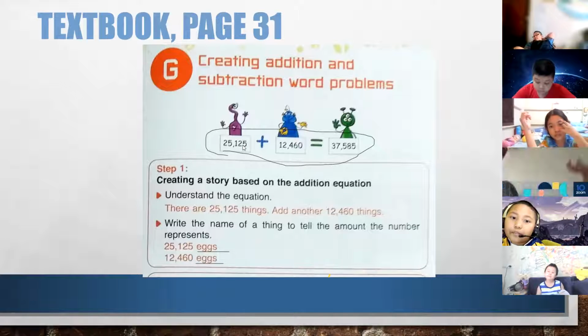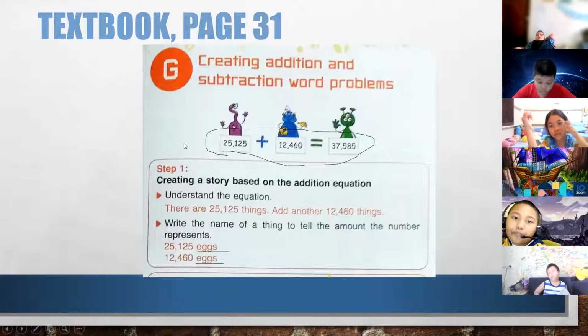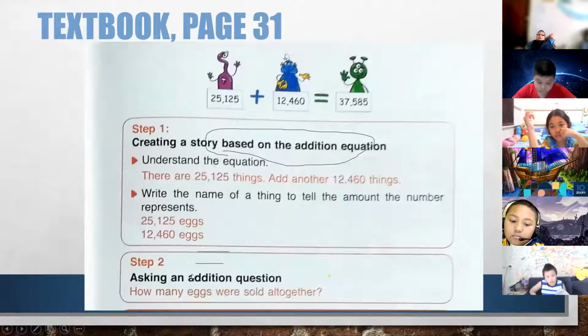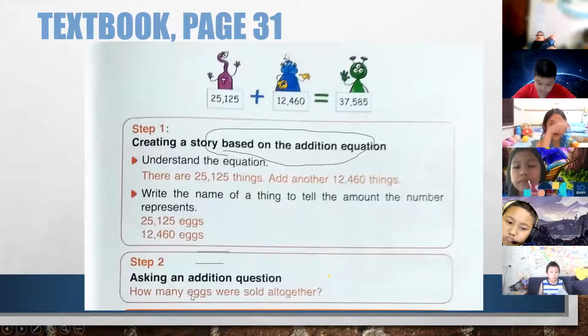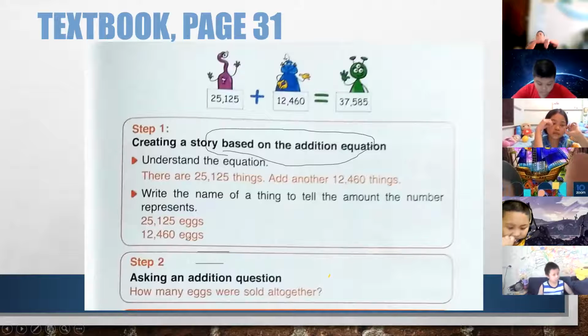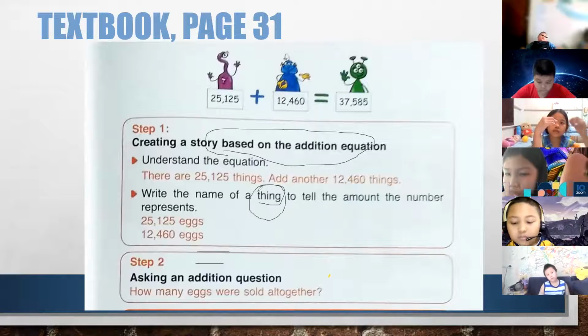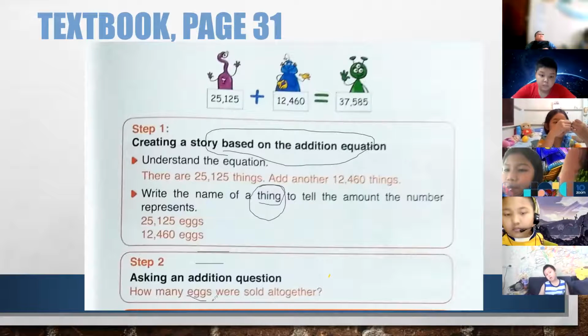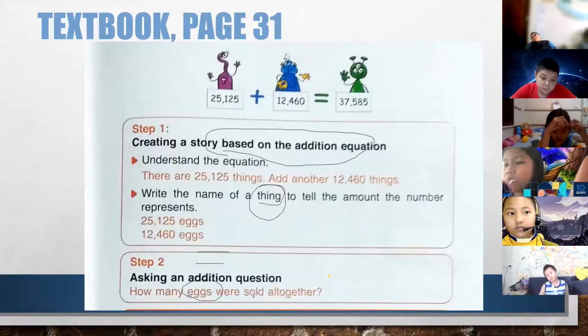Okay, next. The next step is asking an addition question. For example, how many eggs were sold altogether? Look, the thing here is eggs. If your thing is flower, your question should be how many flowers were in the garden.